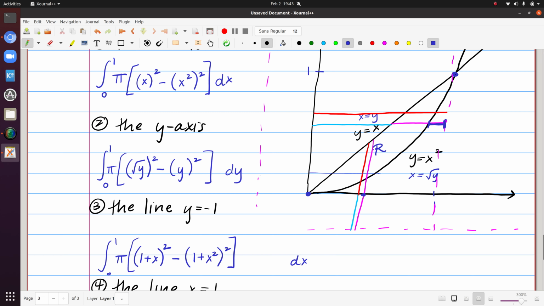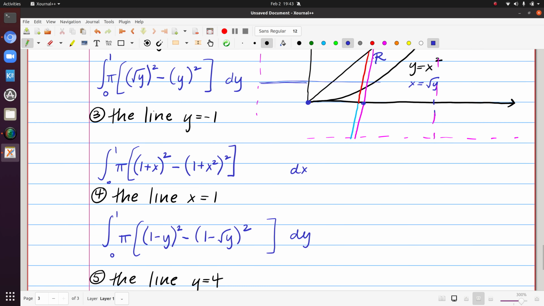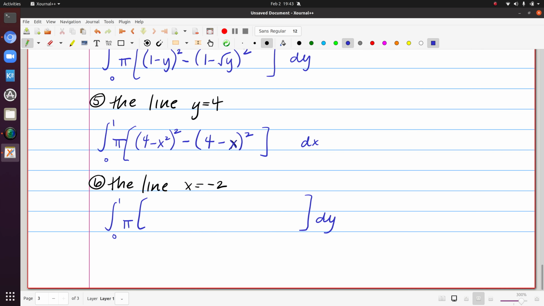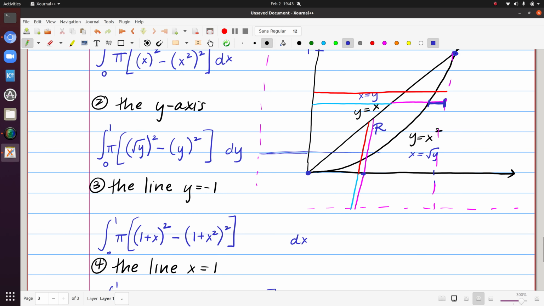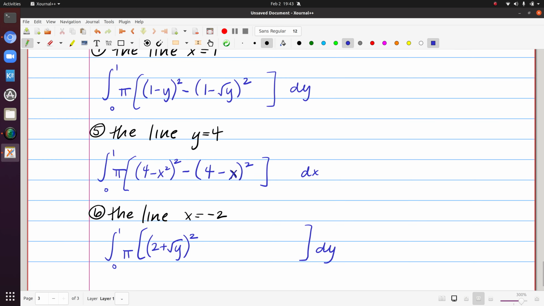I need to add the constant value 2 to get the true radius. So I'm going to take 2 plus the square root of y to get that outer radius. And to get the inner radius, I'm going to do the same kind of thing to get 2 plus y, because we're looking at the linear function.